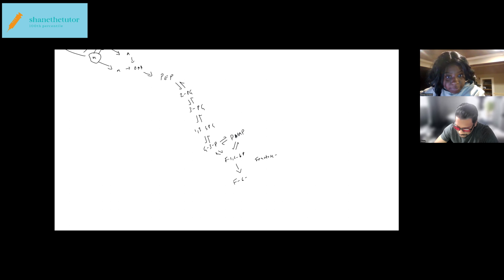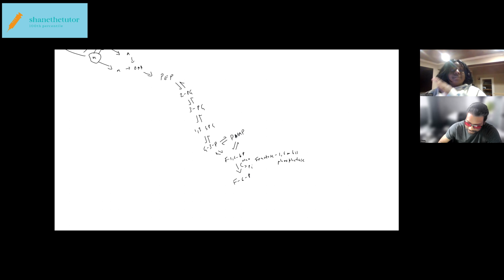And this would be a fructose 1,6-bisphosphatase, which means it's hydrolyzing, so adding water and getting an inorganic phosphate out.